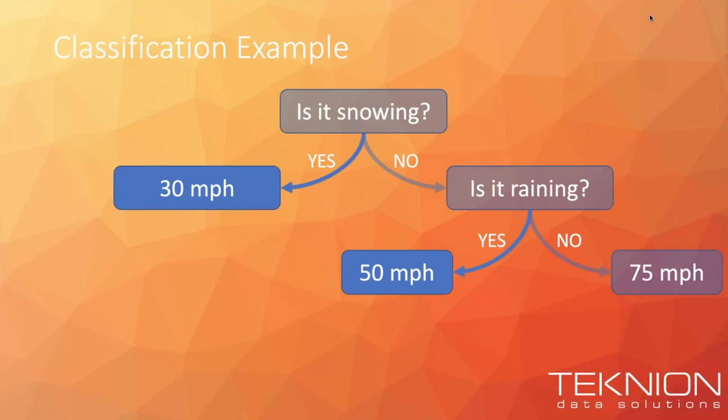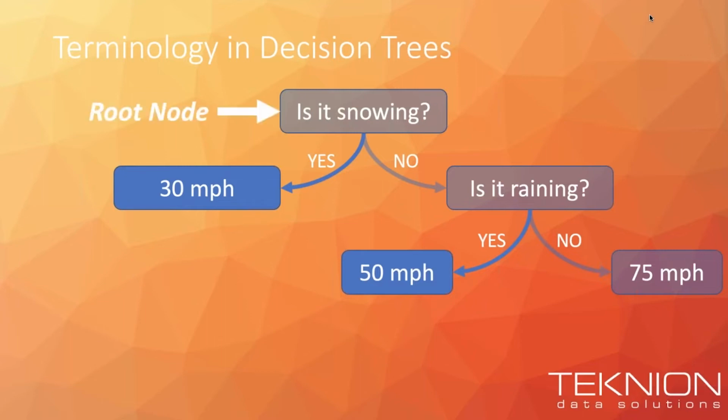Now, for the terminology: the first question that we ask, meaning the first one that the decision tree says, all right, this is the most important one, we call that the root node. The reason we call it the root is that in the process of letting our software create a decision tree, this is the first and most important question, meaning that we get the best classification by starting with this variable or this question.